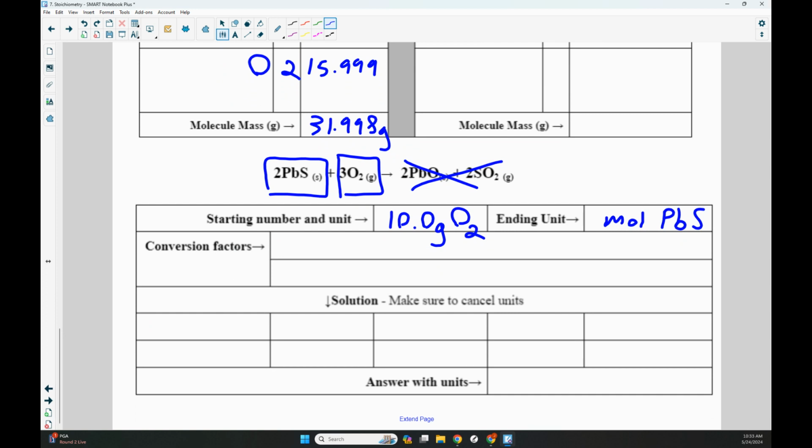So the relationship between grams and moles for oxygen is 31.998 grams equals 1 mole of O2. So that's going to allow me to convert to moles of O2. Then I'm going to have to convert to moles of PbS, and I'm going to use the relationship between the two in the equation. So for every 3 moles of oxygen, I'm going to have 2 moles of PbS.